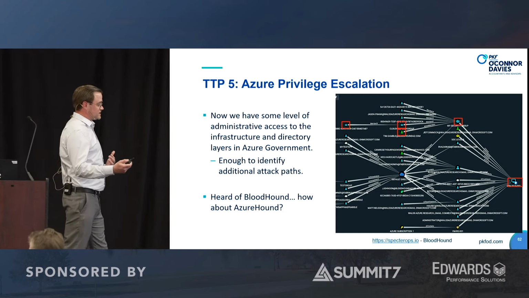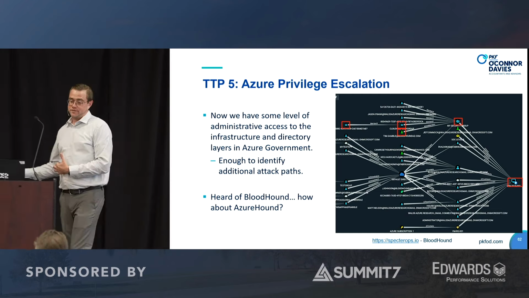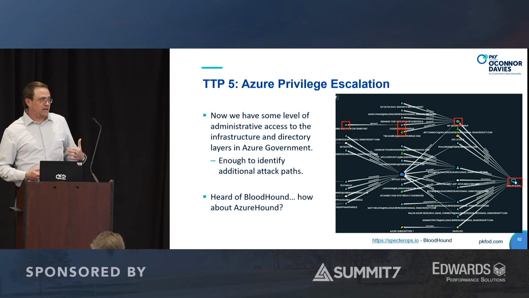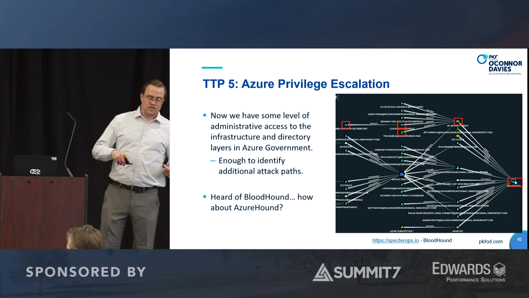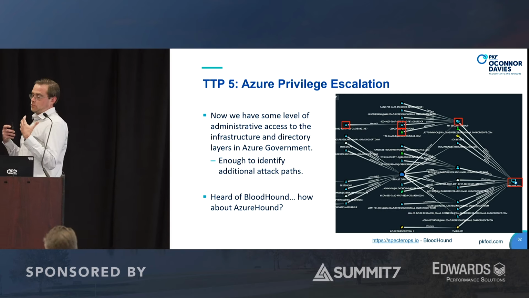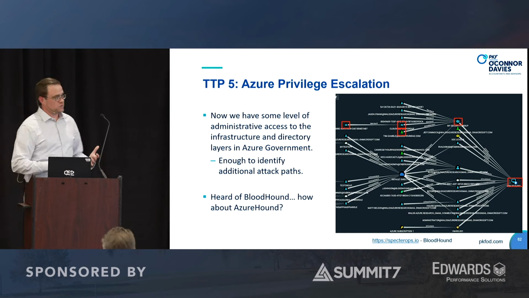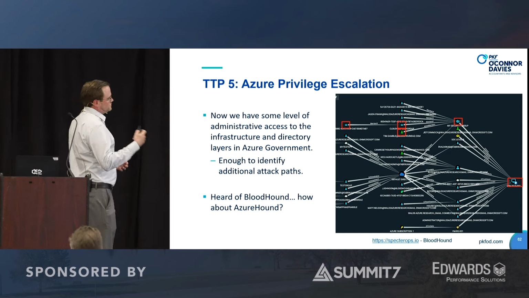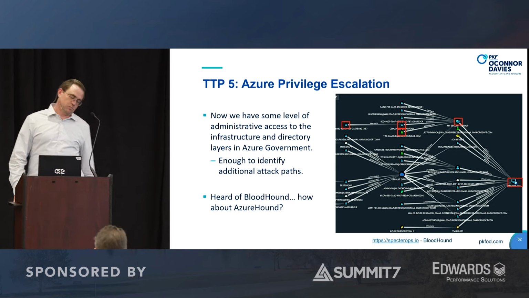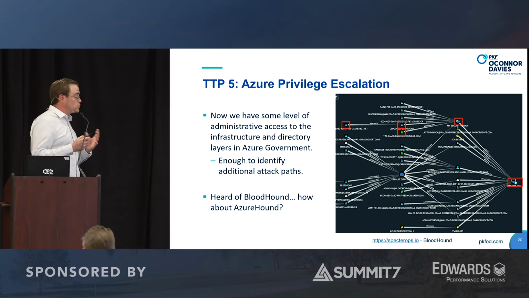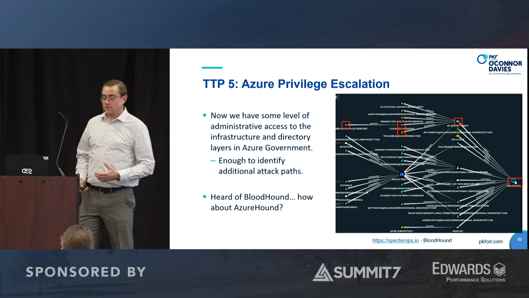Similarly, that tool has been extended to account for Azure. So now there's a lot more objects available in Azure. We have things like not just users and groups, we have roles. We have virtual machines, we have storage accounts, we have app registrations, we have service principals, we have automation accounts, we have key vaults, we have blob storage, we have all these different things. Each one of those things is an object, and all of those objects are related.